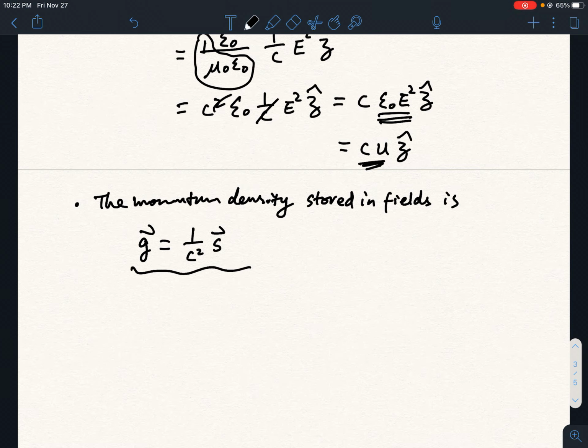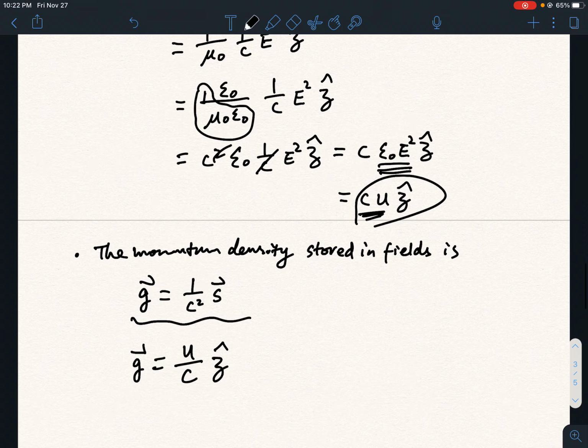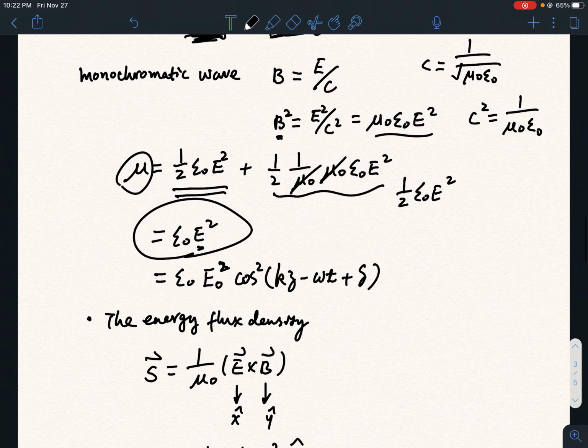Just for this monochromatic wave, you see that because S is really just this, it is really u times c along the z direction. Of course this u depends on the magnitude of the electric wave, and this magnitude depends on time.